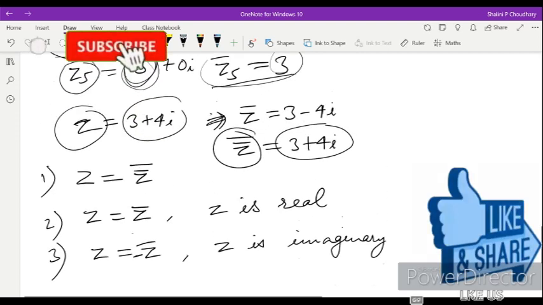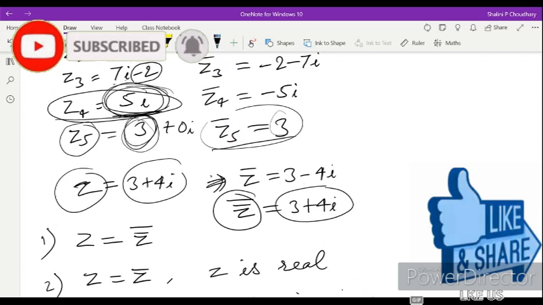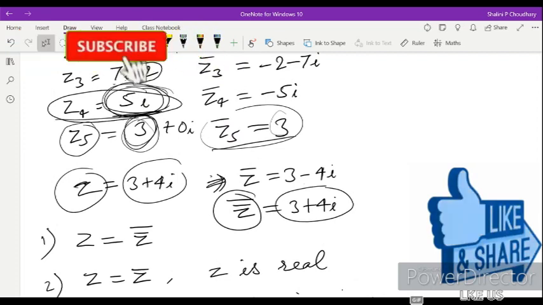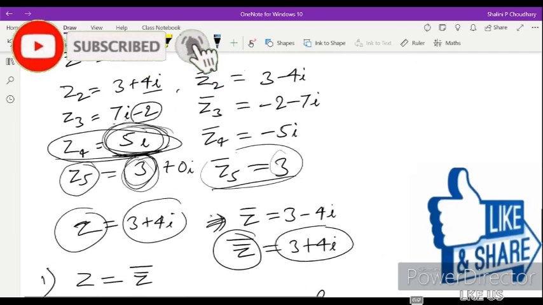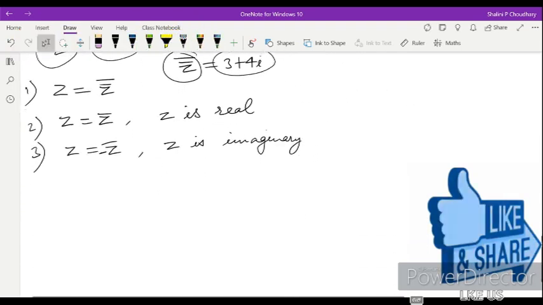These are the three things, and using these properties and concepts, we can do sums. We can do more sums as well.